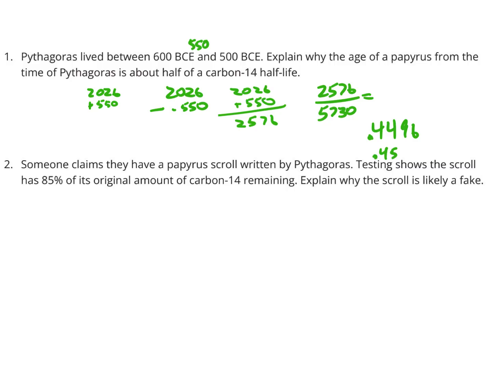It's about 45%, which is very close to 50%. So Pythagoras would have been around at that time if we found one and carbon dated it.